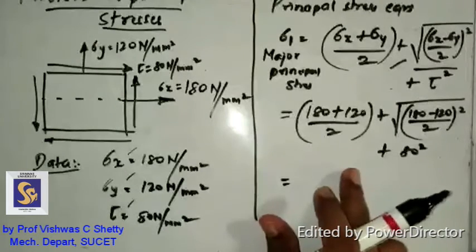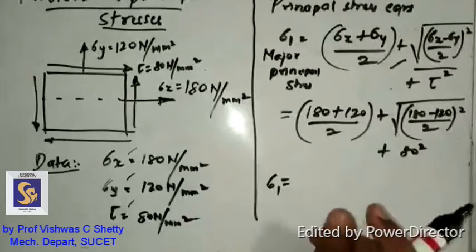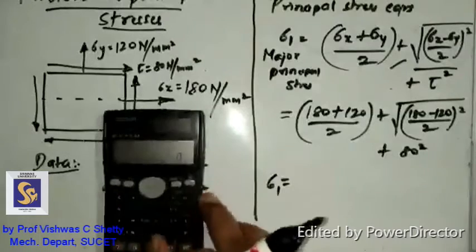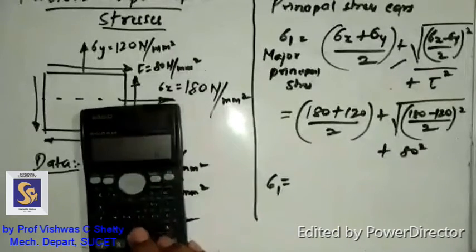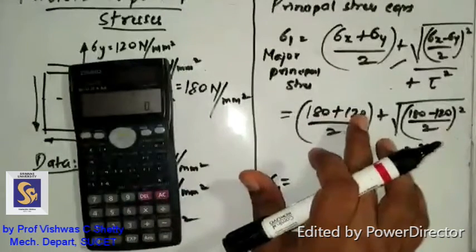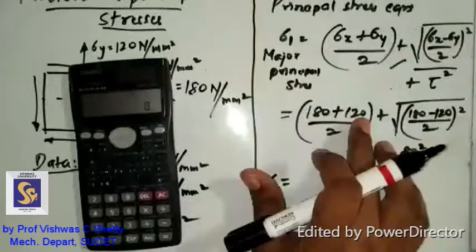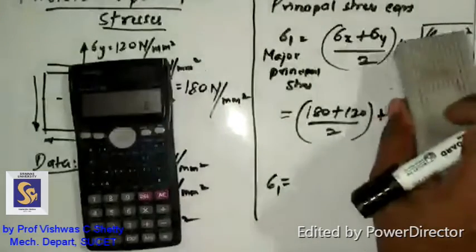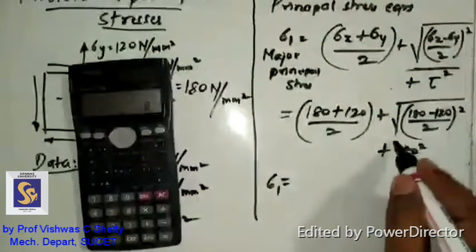What is the answer for sigma 1? Sir, tau square is inside the root. Yes, tau square is inside the root. Sir, I'm getting 89.19. Can you please check once again?